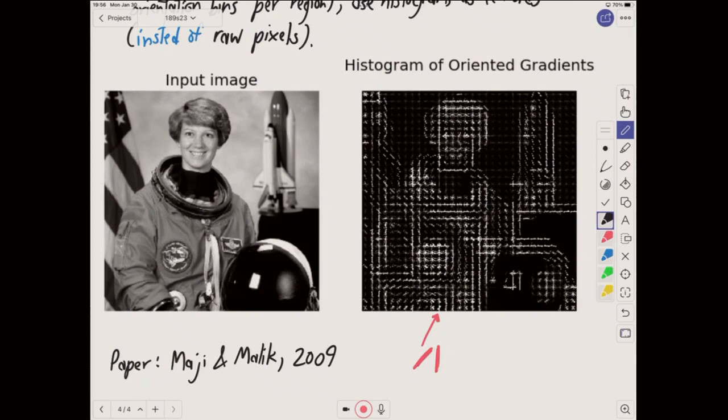What they say in their paper is that if they just use a linear SVM on the raw pixels, they got an error rate of about 15%. When they used a linear SVM on the histogram features, the error rate went down to 2.64%. That's from 15% to less than 3%. That's pretty amazing. So that's the power of nonlinear features.